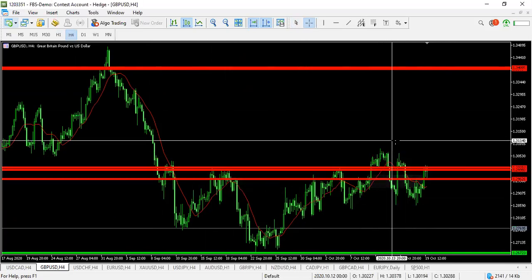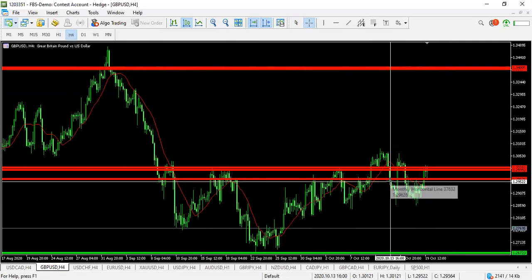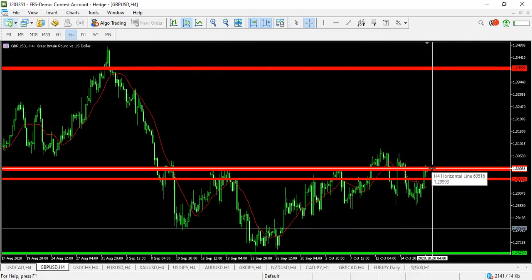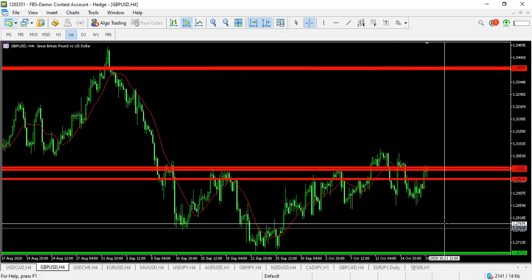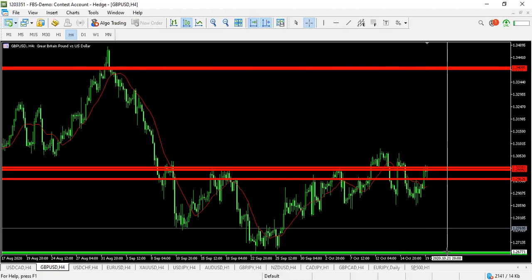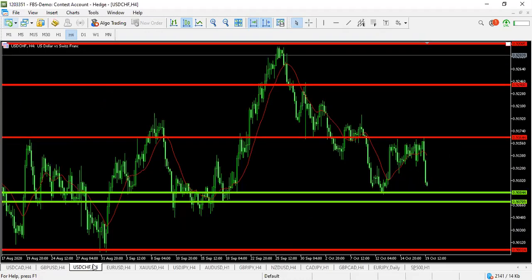Even when it tried to break out here, it still went below the 130 zone. And right now, I feel like it's retesting, and sooner or later we'll see it going all the way down to our buy zone, which is about 320 pips from there on.